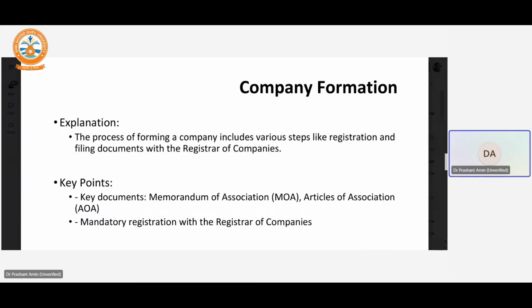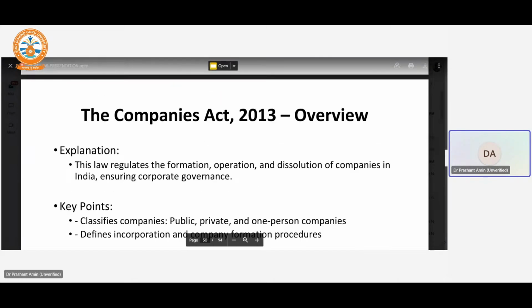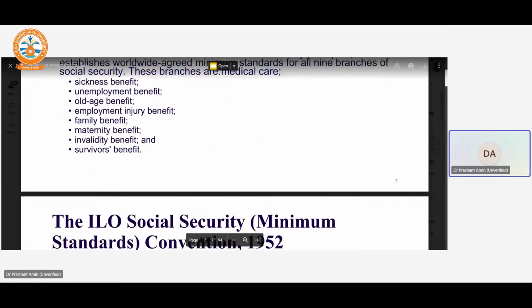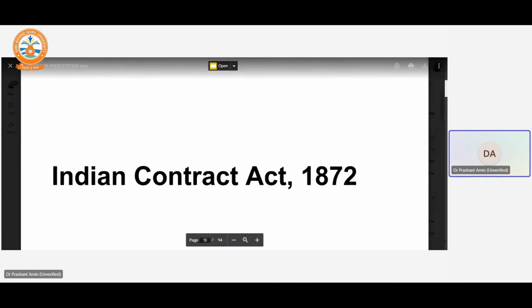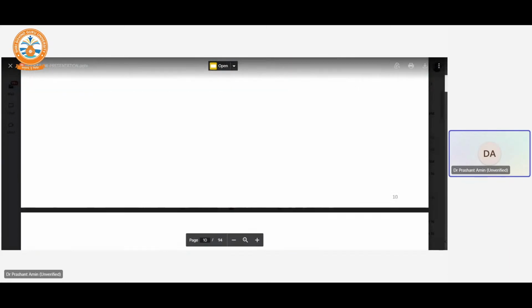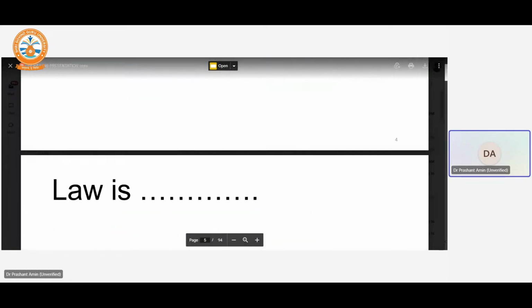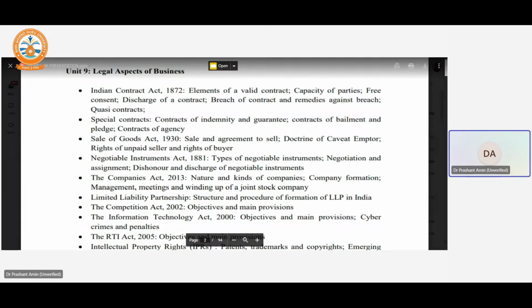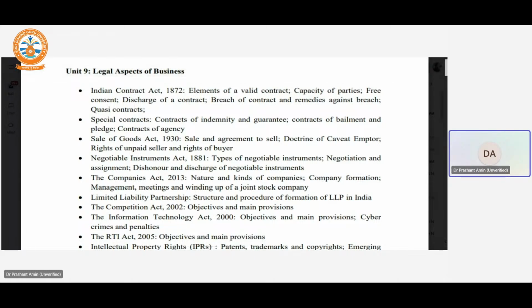But today, let me quickly summarize how much we have covered as far as our syllabus is concerned. This is your syllabus, and we have covered the Indian Contract Act 1872, under which the special contracts, indemnity, guarantee, bailment, free consent, discharge of contract, breach of contract, right?